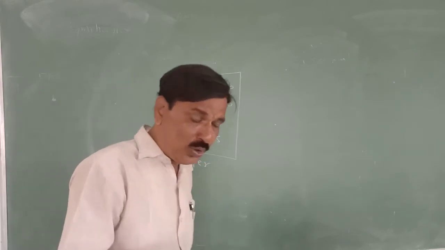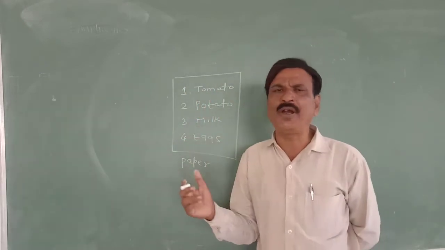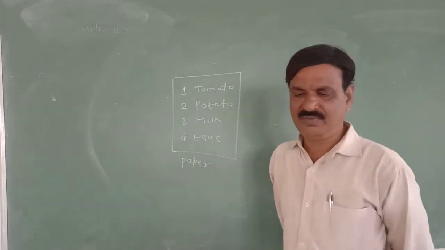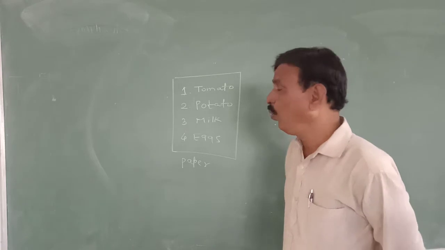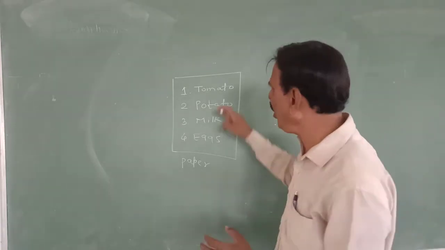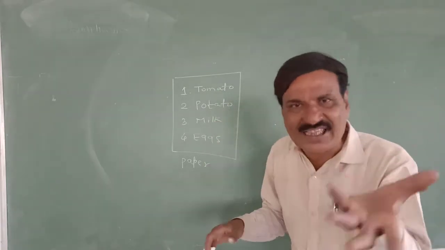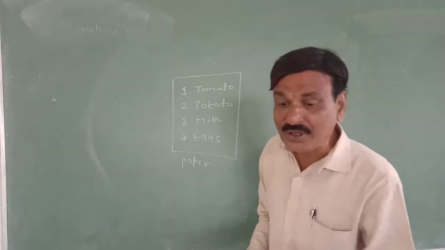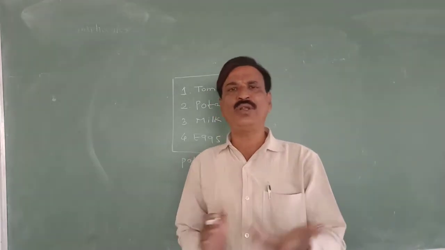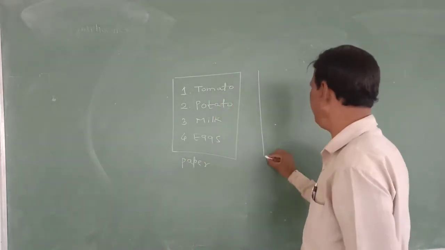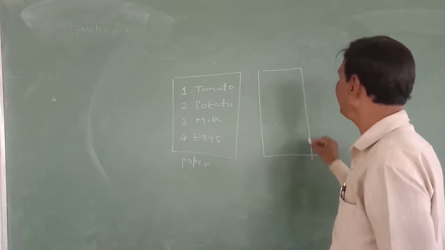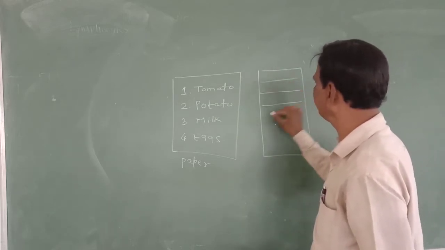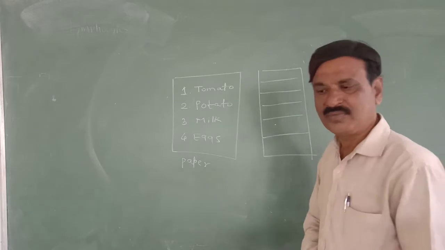But suppose when the same list is to be prepared in computer's memory, we have to store all these list elements in computer's memory. We know that computer's memory is simply a sequence of addressable memory locations.